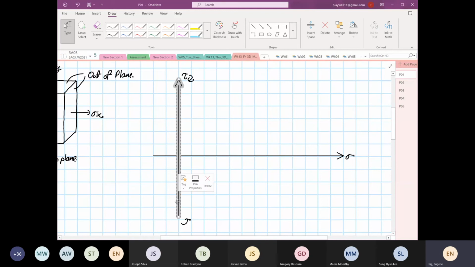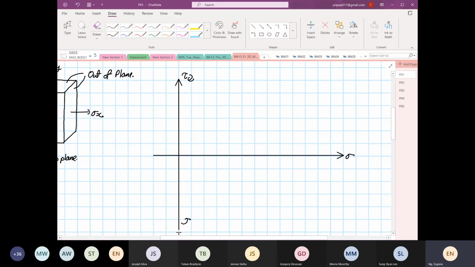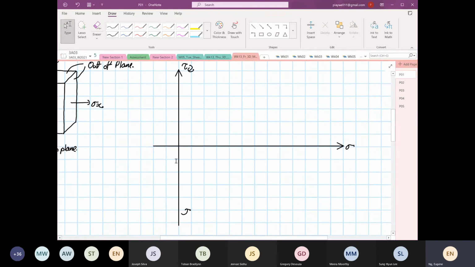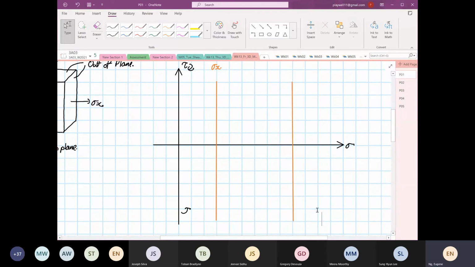Based on the condition given, this is our stress X line, then this is stress X. Then we have our stress Y line, so this is stress Y. And then we have our stress Z line.